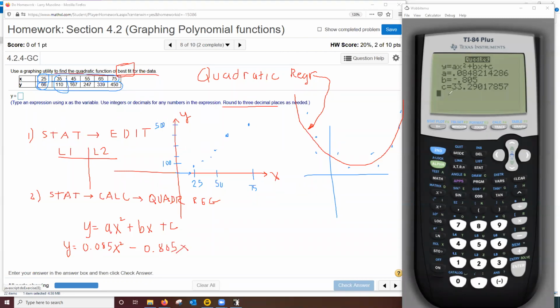And I'm looking here for the C number, and the C number looks like 33.290. Again, rounding these results to 3 decimal places. Okay, and that's the answer that I would type here in the answer box. And this graph is the best fit to these data points.